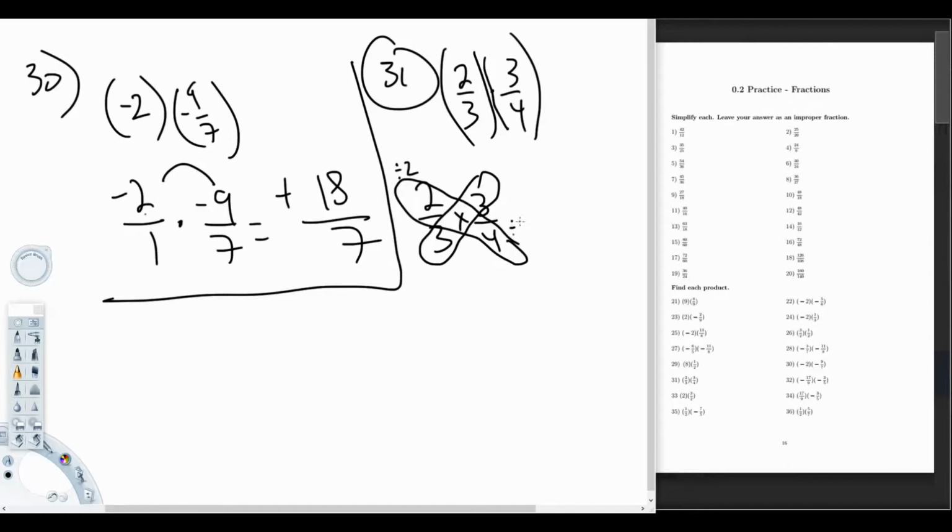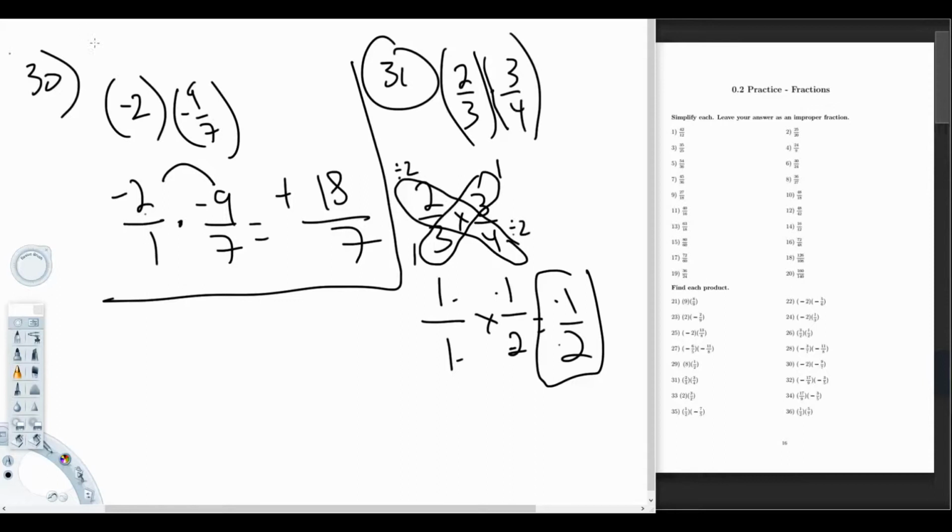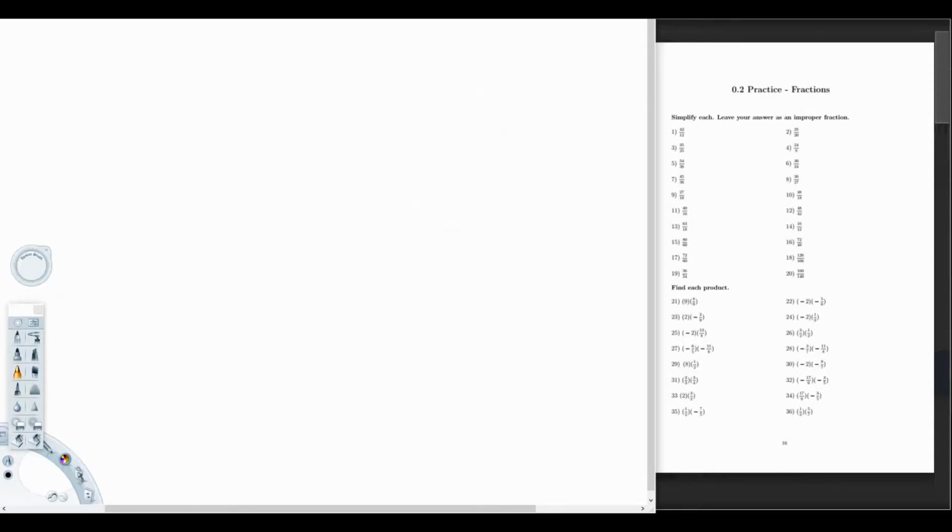So 2 divided by 2 is 1 over 1, because 3 and 3 we cancel, and it becomes a 1, times 1 over 4 divided by 2 equals 2, equals 1 over 2, right? 1 times 1 equals 1, 1 times 2 equals 2. That's the answer, 1 over 2. Tricky question. Okay, number 32, number 32.